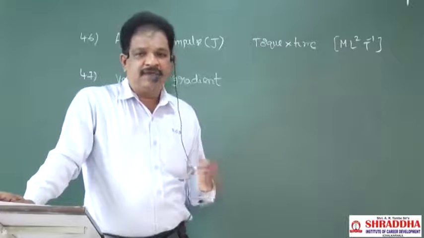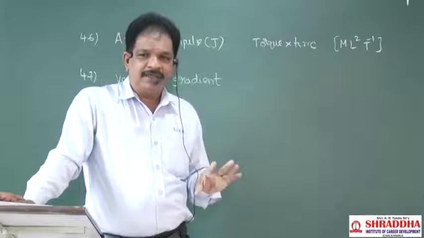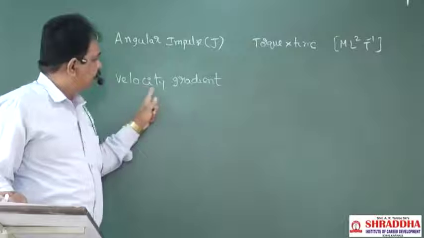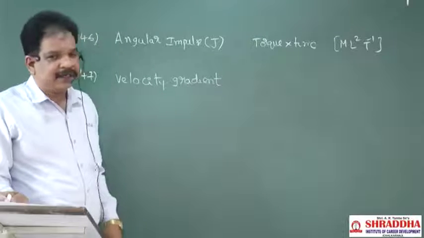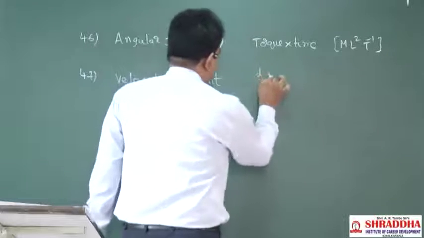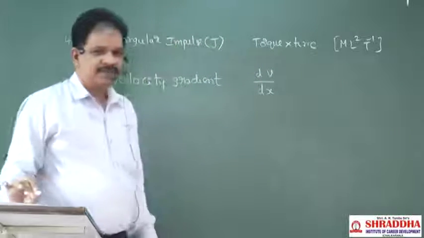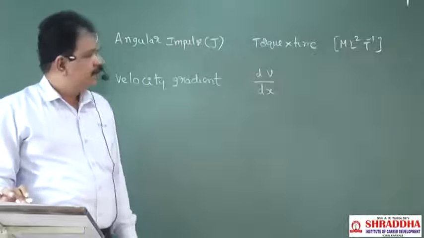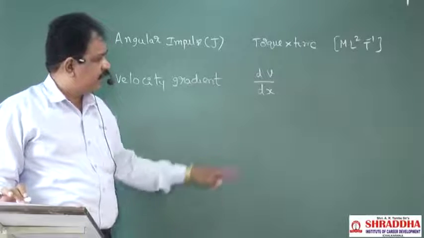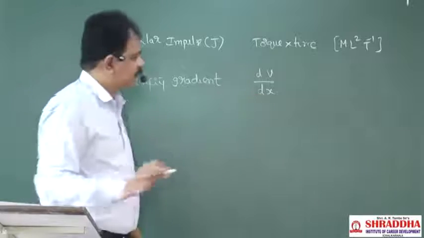Potential gradient will come in the electricity part. Change in the potential per unit length will be called the potential gradient. Here the velocity gradient will be dV by dx. Clear? So, dV means a change in velocity, and this is a change in the length dx.